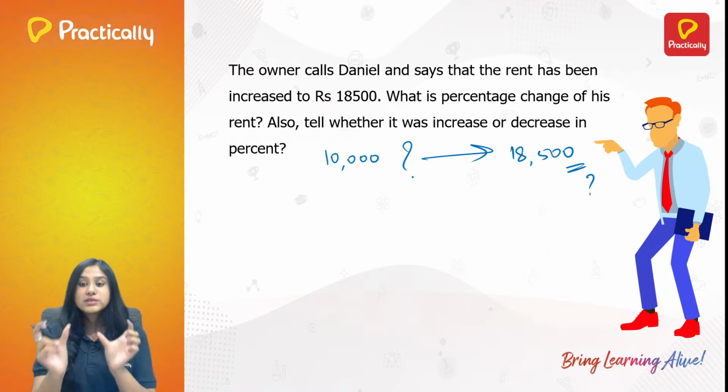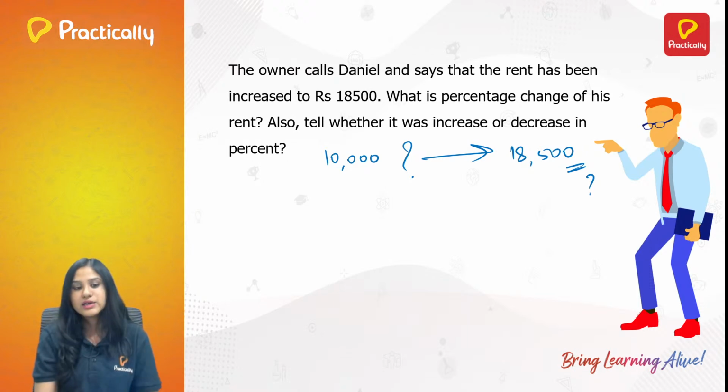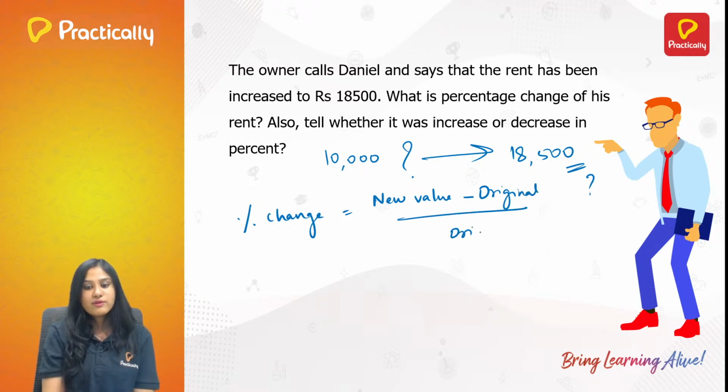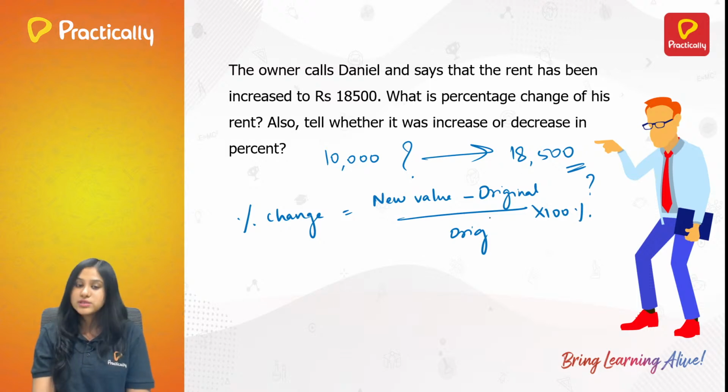Now, what is the percentage change of his rent? So, what is percentage change? It's nothing but new value minus original value by original value into 100%. So this is how you have to calculate the percentage change.